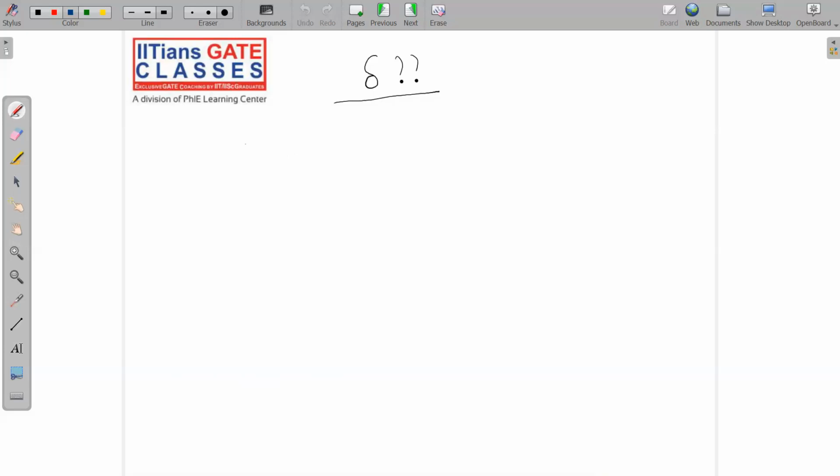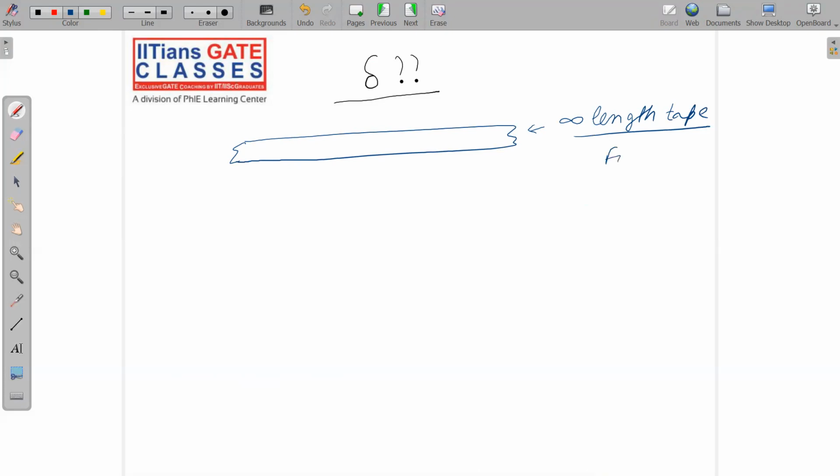This input is stored on a tape of infinite length. Remember all these things. I am using the words infinite length tape. But the string is always of finite length, I have already told you about this in the previous class. So why am I taking an infinite length tape?